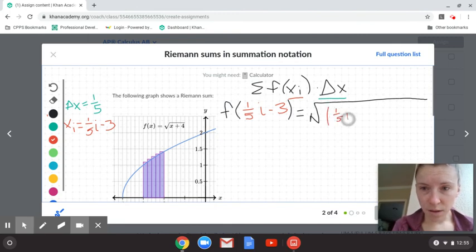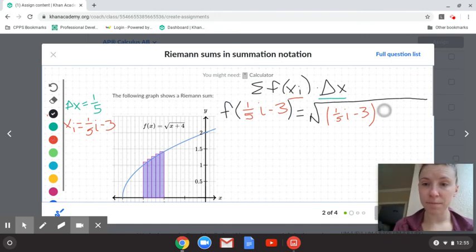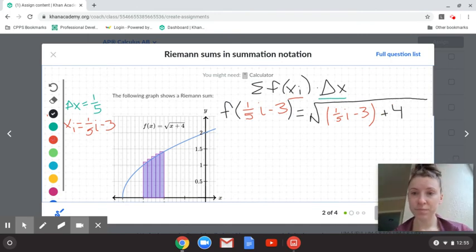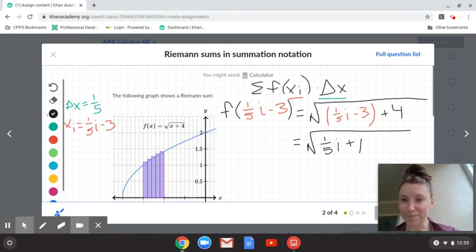1/5 I minus 3. Okay, and then it says x plus 4. So that was the x. Now I need to add 4 to it. Cool. So can simplify this a little bit. So I just need to add the -3 and the 4 together, and that would just be +1. Bam.